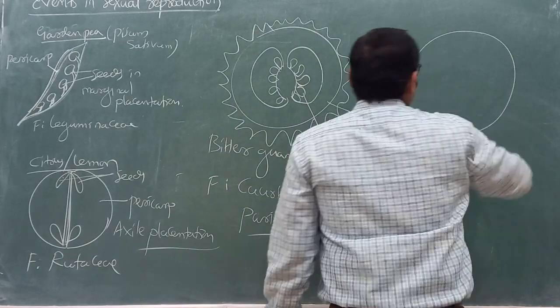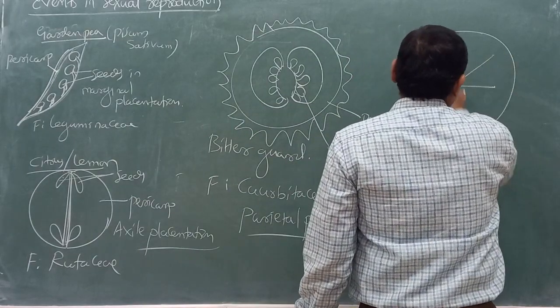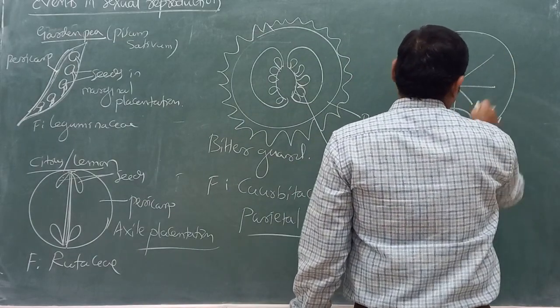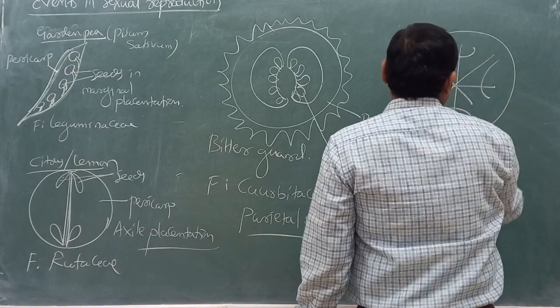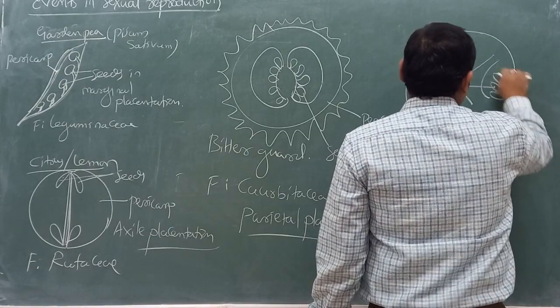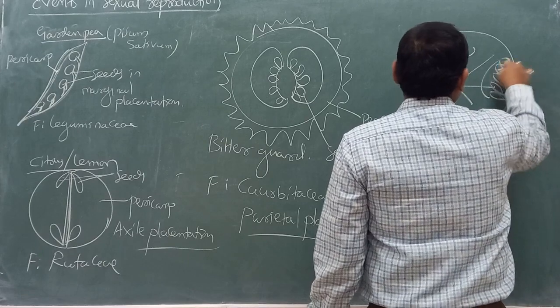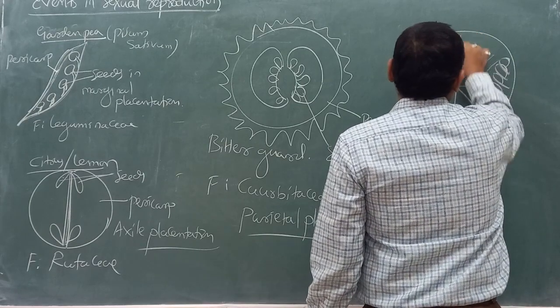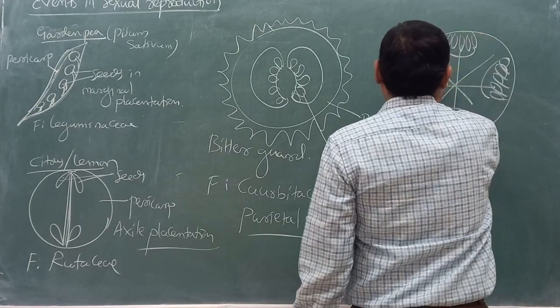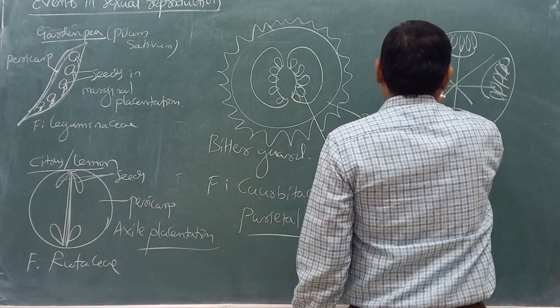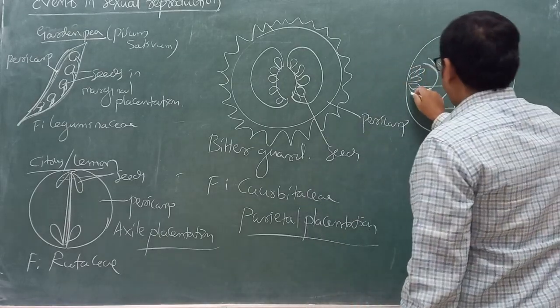There is one more diagram they have given in the book. Hope you will be able to identify this. What is this? Can you identify?